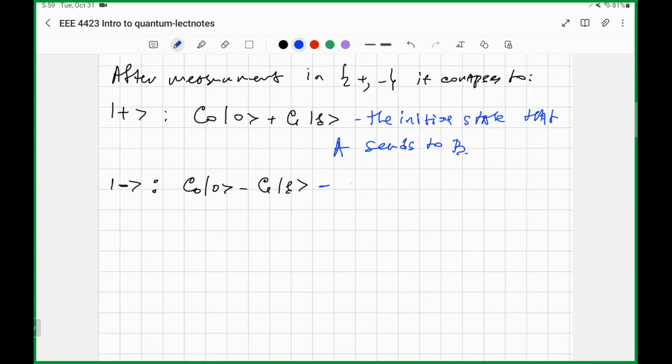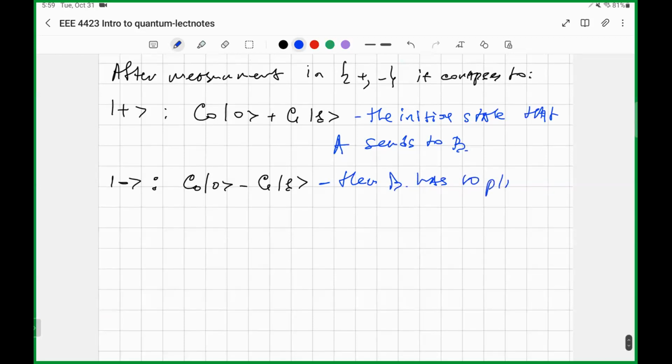What he can or should do is apply the Z gate, right? That flips the phase. Then Bob has to apply the phase flip operation Z.